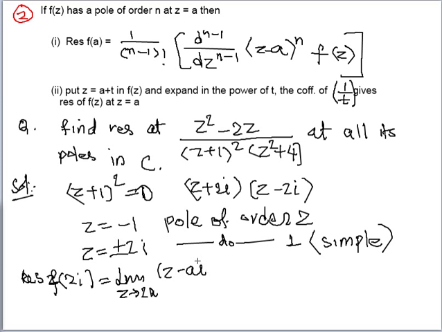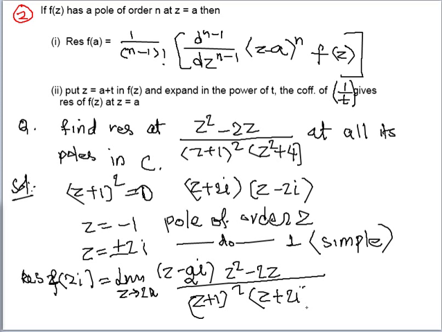So z square minus 2z upon (z plus 1) whole square, and we can break the bracket into (z plus 2 iota) and (z minus 2 iota). We can easily cancel this with z minus 2 iota.